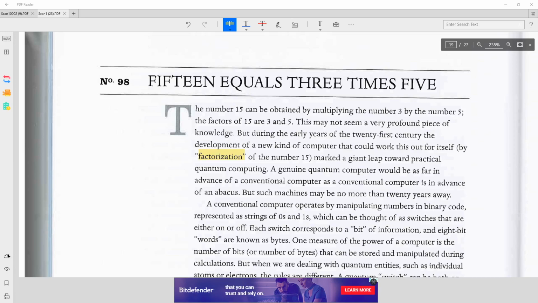A genuine quantum computer would be as far in advance of a conventional computer as a conventional computer is in advance of an abacus. But such machines may be no more than 20 years away.